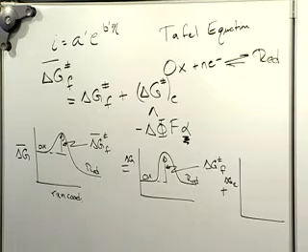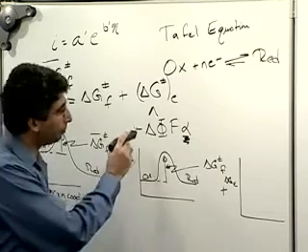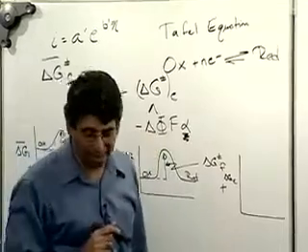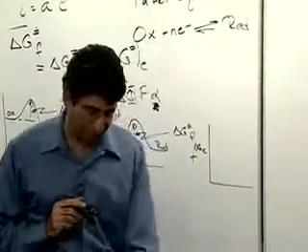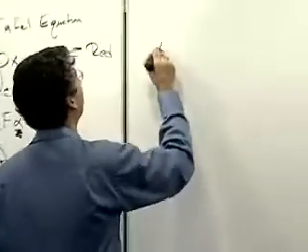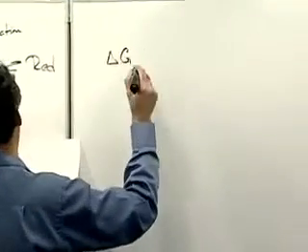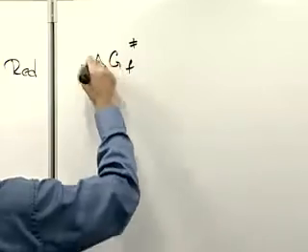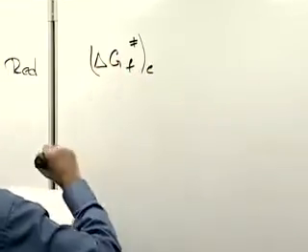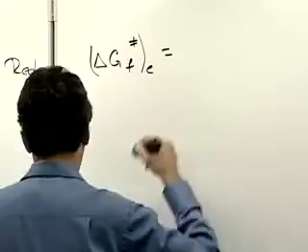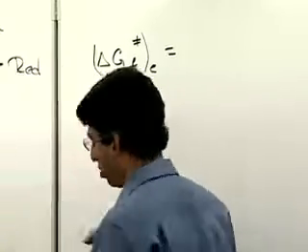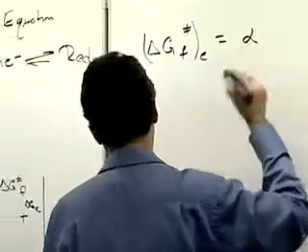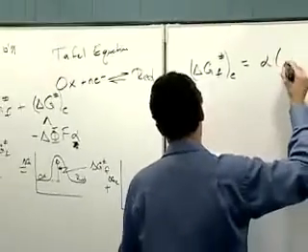Totally symmetric barrier. But another way of looking at that in this case is we can say that this free energy for the forward reaction of activation of the electron part is going to be proportional to the total free energy change for the electron part. So, and we'll use alpha as our constant of proportionality.